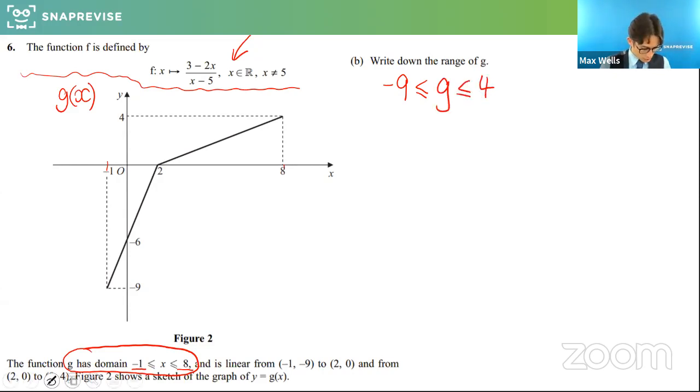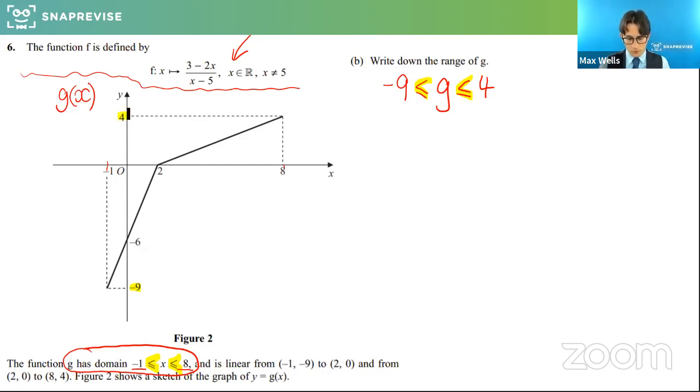Something to highlight is the strictness of the inequality. You basically go with the strictness of the bounds over here. Because originally it was between -1 and 8 inclusive of -1 and 8, the range goes from -9 to 4 inclusive of them as well.